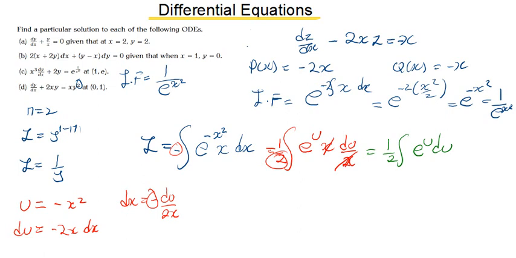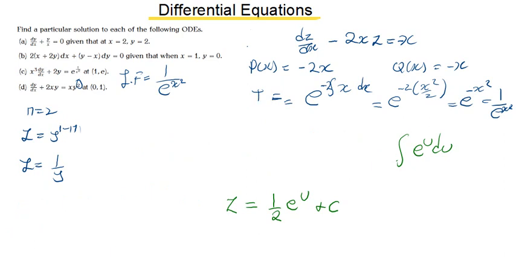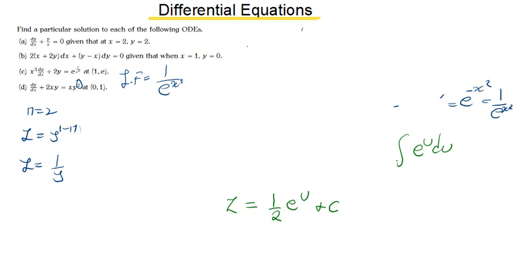Now integrating this, our z is going to be equal to 1 over 2 e to the u plus c. That's the integral. But I can't use that to come up with a particular solution. I have to use it in terms of y, and I'm having it in terms of z.